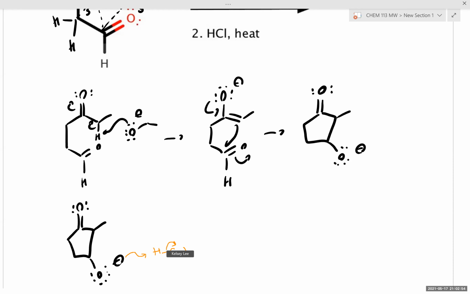So we protonate our alcohol sequentially. So we protonate once to give an alcohol, we protonate a second time to activate our alcohol as a protonated leaving group, such as water.